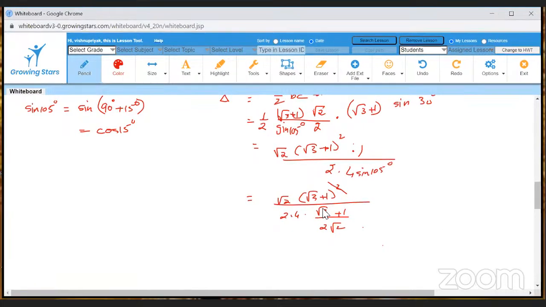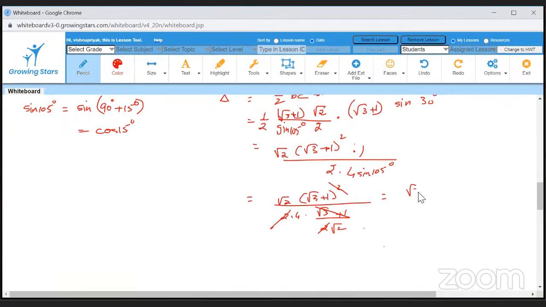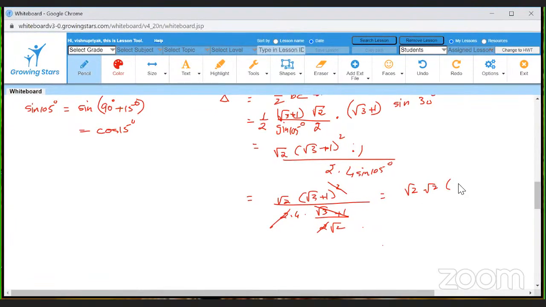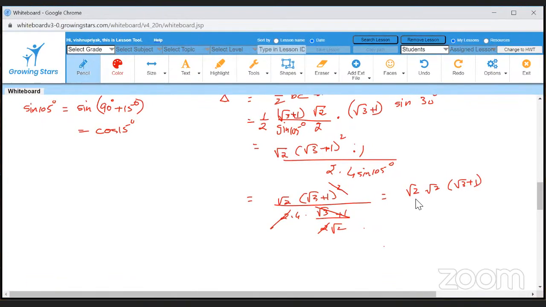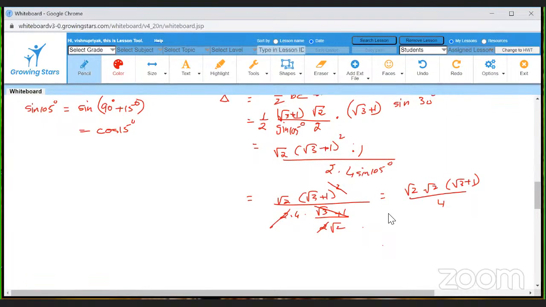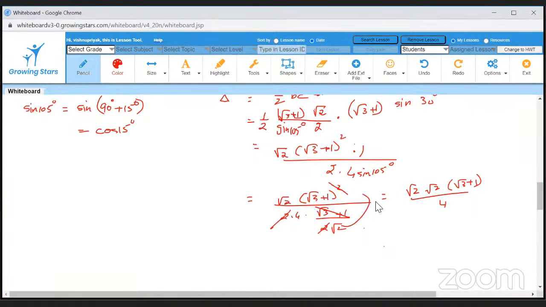So that root 3 plus 1 will cancel. 2 will cancel. What we will have: root 2 into root 2 into root 3 plus 1 by 4. This root 2 we are taking up.